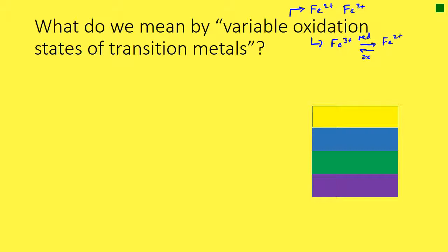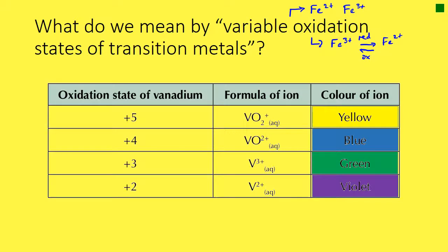Now you need to know about the various oxidation states of the transition metal vanadium. And here we have all the different oxidation states of vanadium. At the top there we've got +5, so the vanadium in this VO2+ ion is going to be +5.